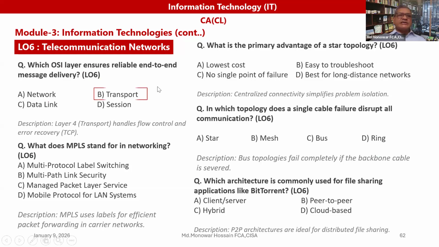Which layer ensures reliable end-to-end message delivery? That means the transport layer. The transport layer is layer 4, which handles flow control and error recovery. So the transport layer of the OSI model ensures reliable end-to-end message delivery. Answer B.